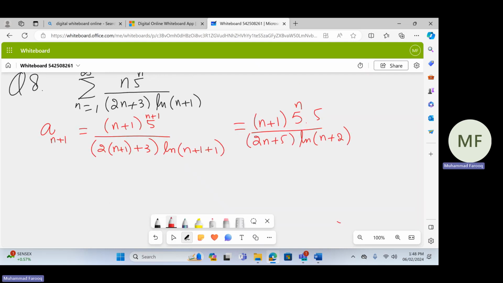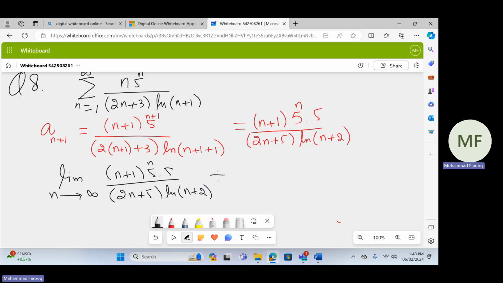So the formula is that limit n approaches to infinity of the a sub n plus 1 divided by the question. So first write the a sub n plus 1 term: (n plus 1) times 5 power n times 5, divided by (2n plus 5) times ln with the argument n plus 2. Now this will be divided by the question.